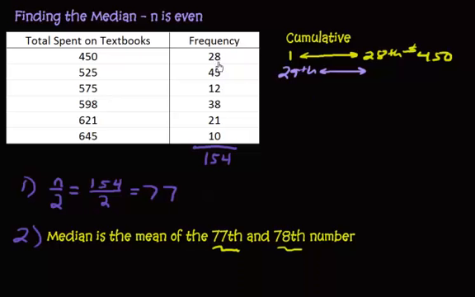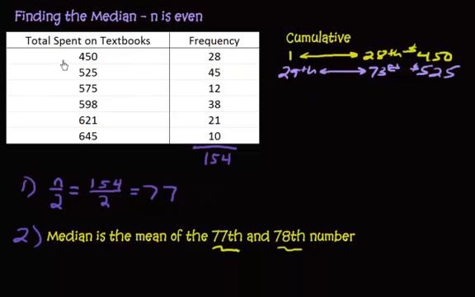If we do 28 plus 45, that is going to be the last person in this group. If you add 28 and 45, that will be the 73rd person, and that person spent $525 on their books.